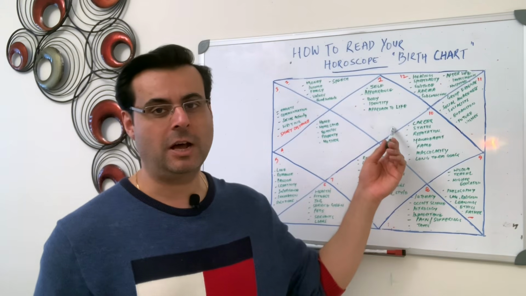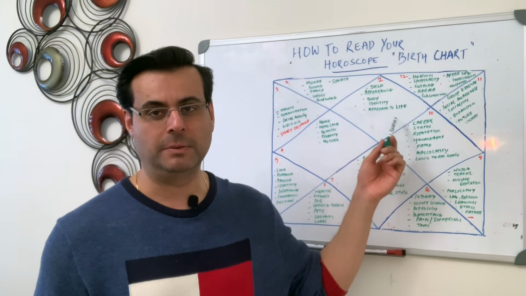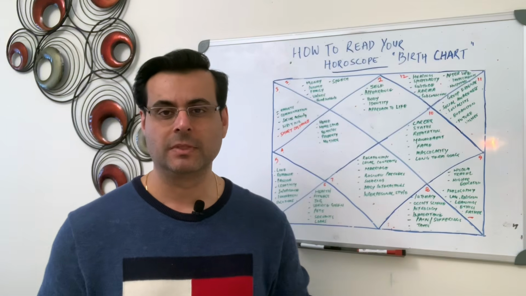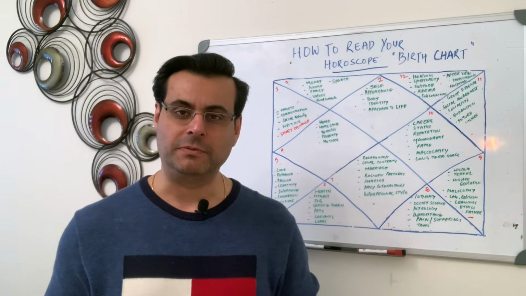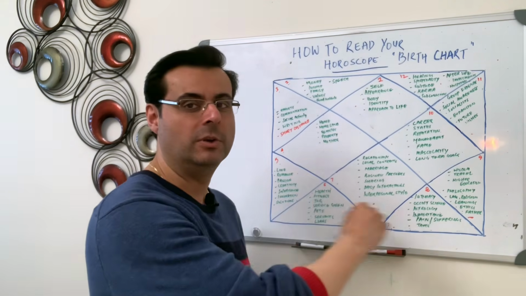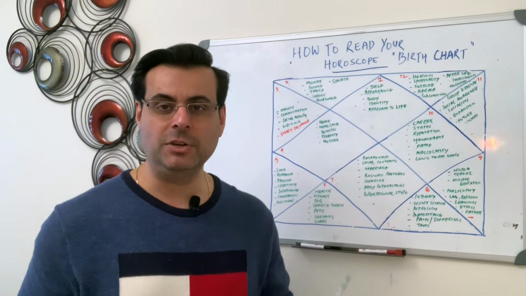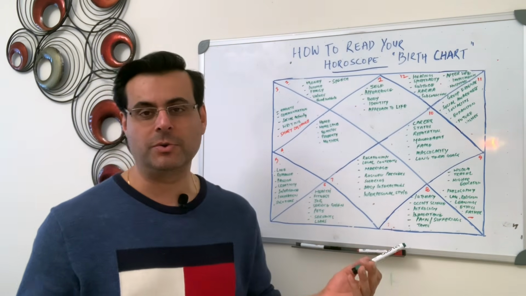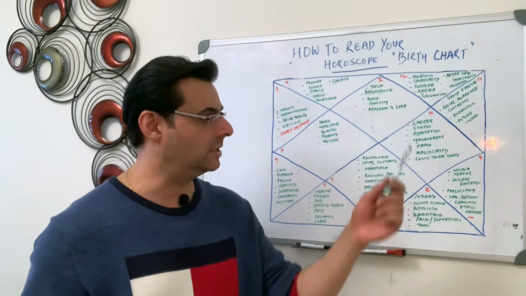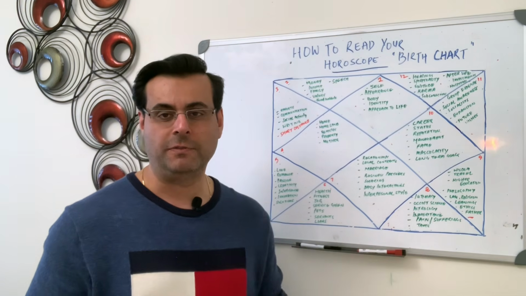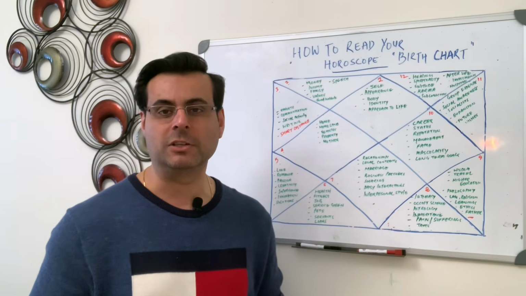It's a very important house, because the lord of this house, the planet which rules it, becomes the commander-in-chief or the prime minister of your whole horoscope. If your prime minister is strong, it will give very good results in every domain of life. If your prime minister is weak, it will cause problems for you.